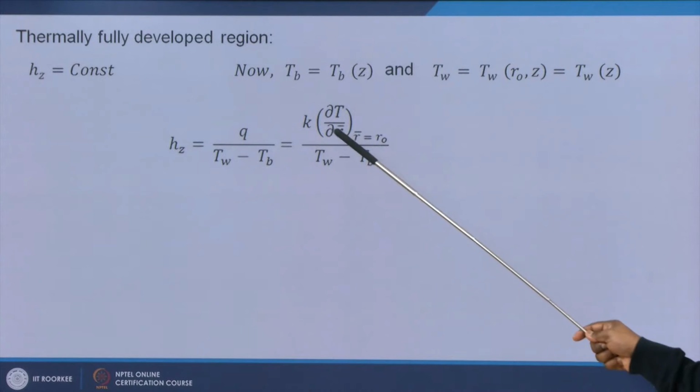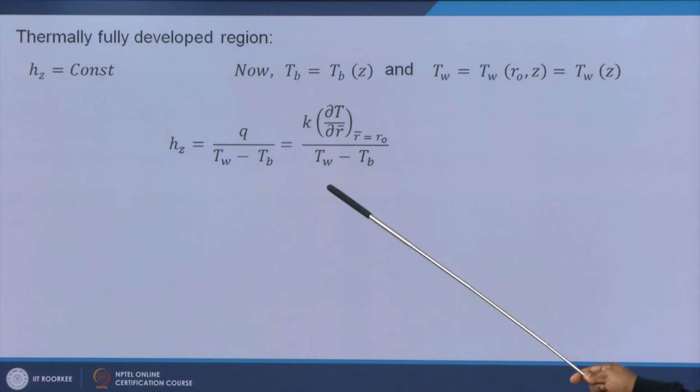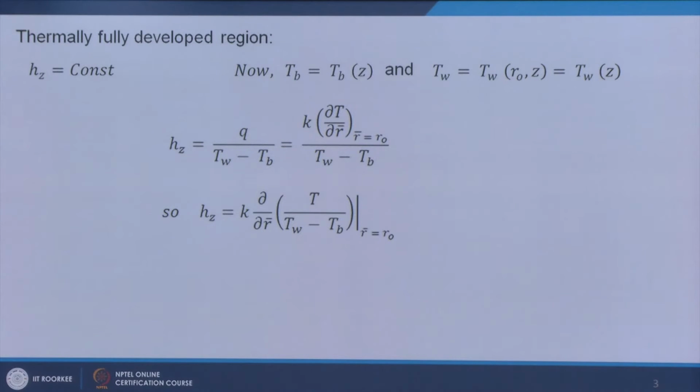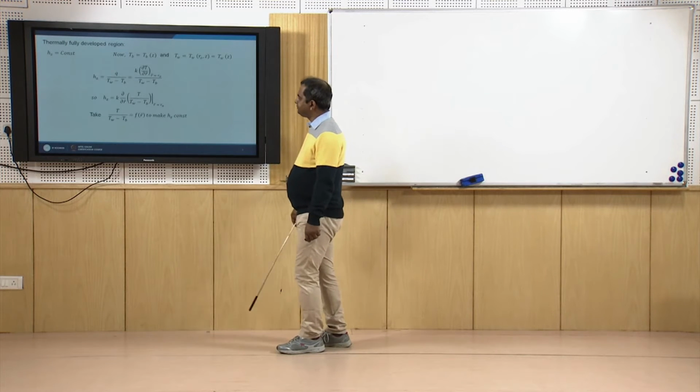So, we get k del T del R at R equals R naught divided by T_W minus T_B. Now T_W and T_B are both functions of Z, so we can take this term inside the del del R term, giving del del R of T by T_W minus T_B, because T_W minus T_B is not a function of R, as a constant it can be taken inside.